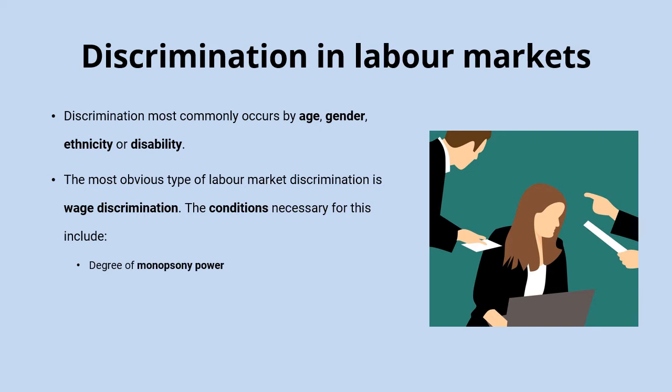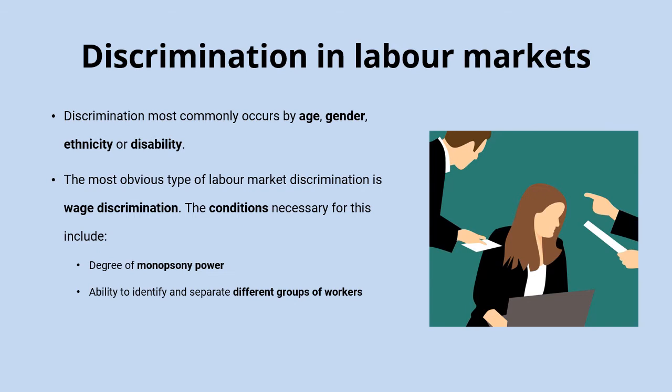So we'd need the employer to have some degree of monopsony power, and that's because in a perfectly competitive labour market, we know that firms and workers are wage takers and they accept the going market wage. So we'd need some wage setting power to be the case for firms to be able to discriminate in that way. They need to be able to identify and separate the different groups of workers.